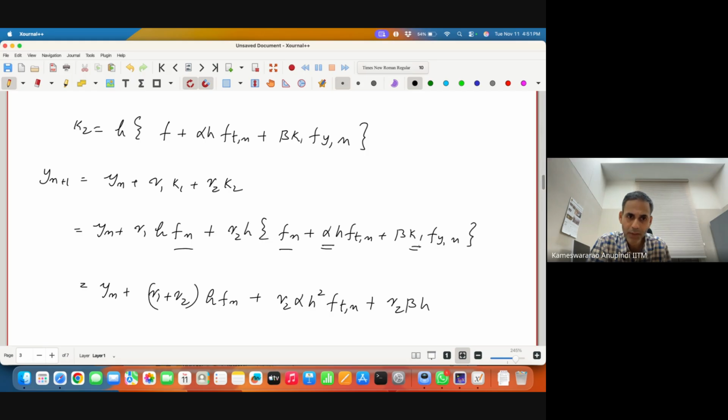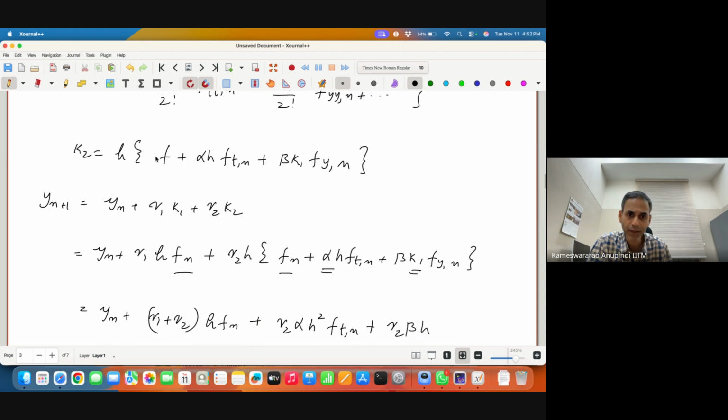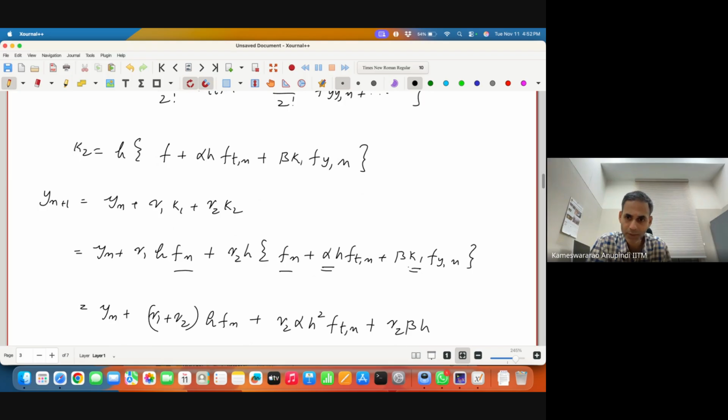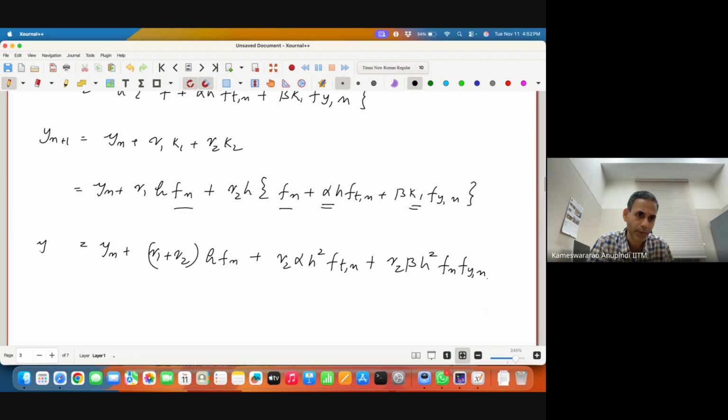What is k1? K1 is nothing but h times f_n, so I can substitute that. This is going to be h times f_n, so this is f_n times f_y n. Okay, that's what I have done. So this is my y_n plus 1 obtained from the RK2 method that we wanted to build.